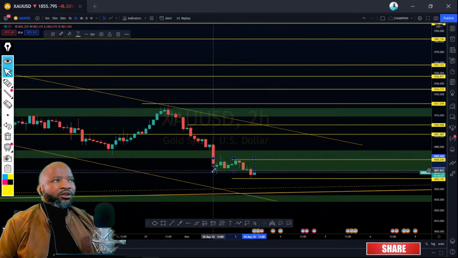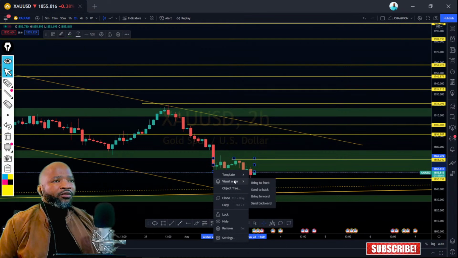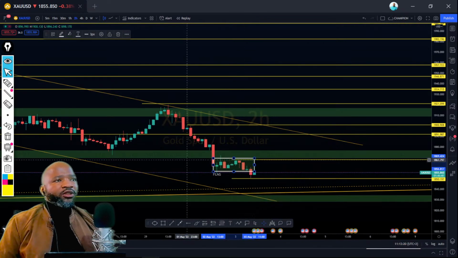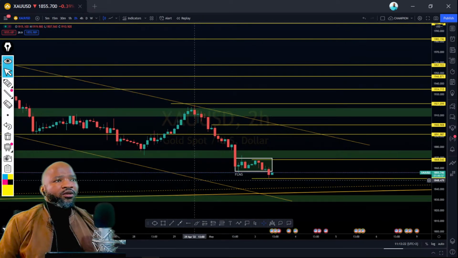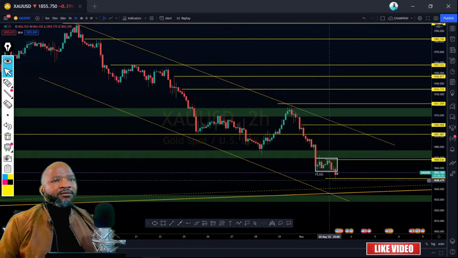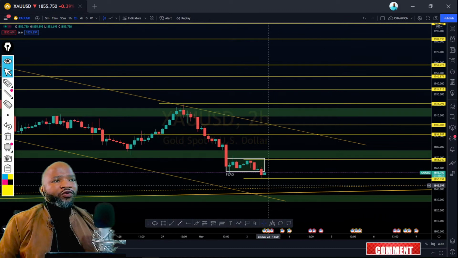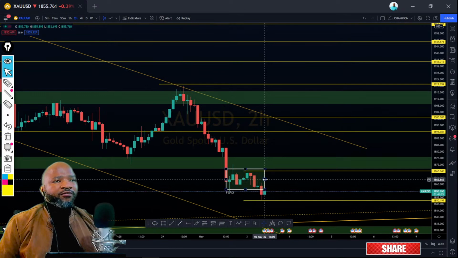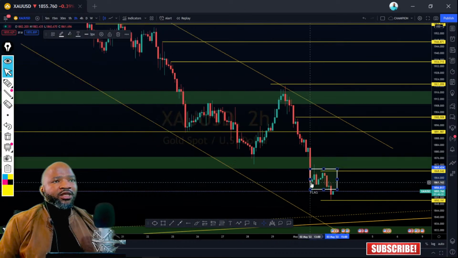Let me see if I could use the template. Let me place the template and see. Yeah, this might look like a bearish flag, and the price broke. Now it's about to retest the flag and push towards the downside.